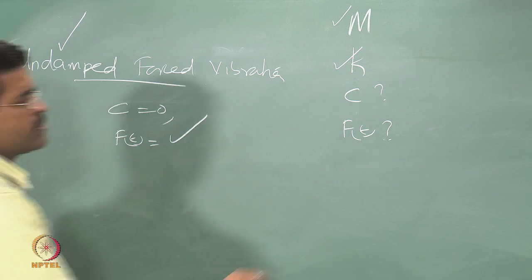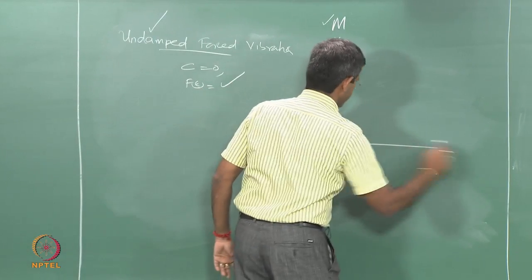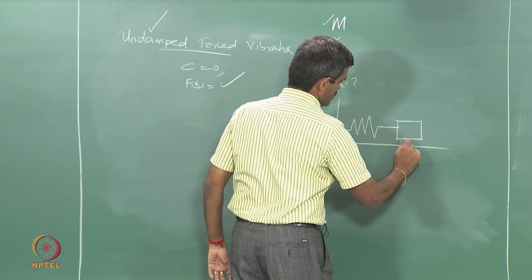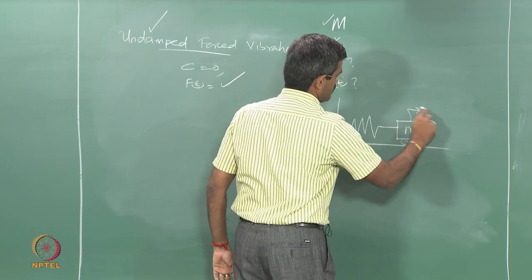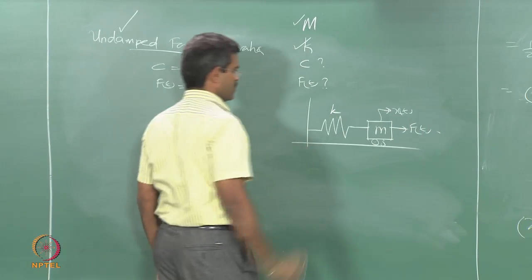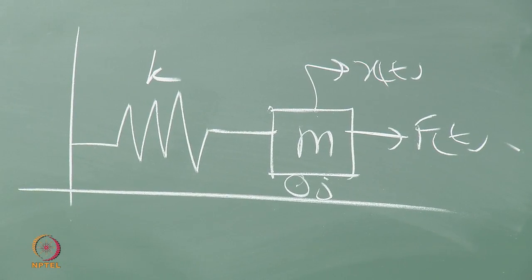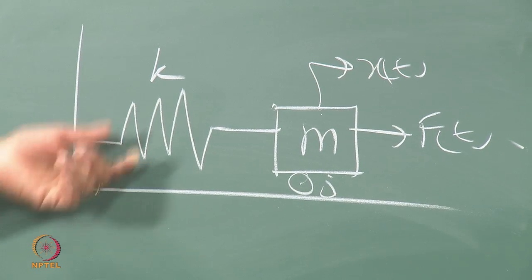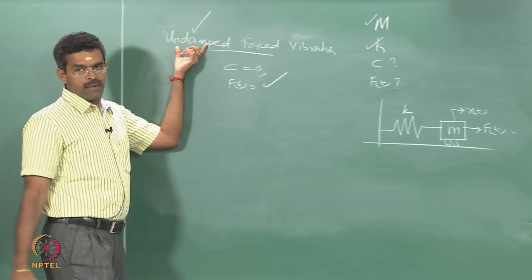So let us draw the system. Single degree of freedom system, idealized spring mass model. There is no dashpot here because C is 0. So undamped.